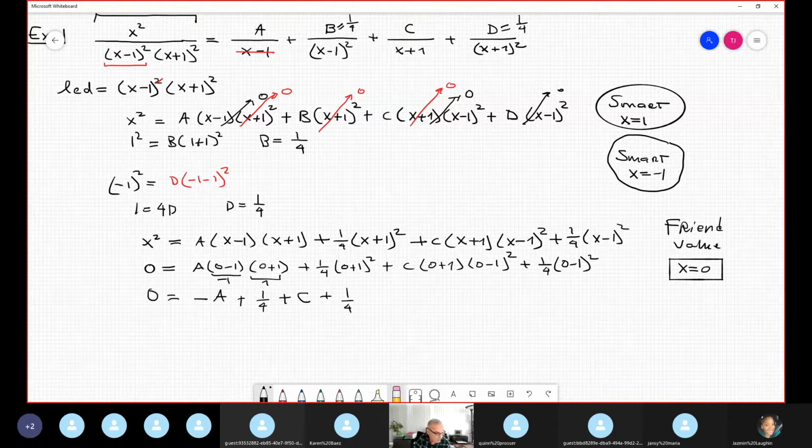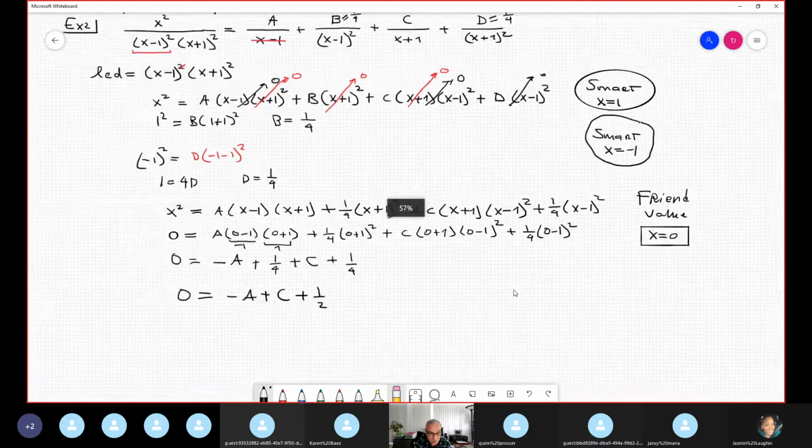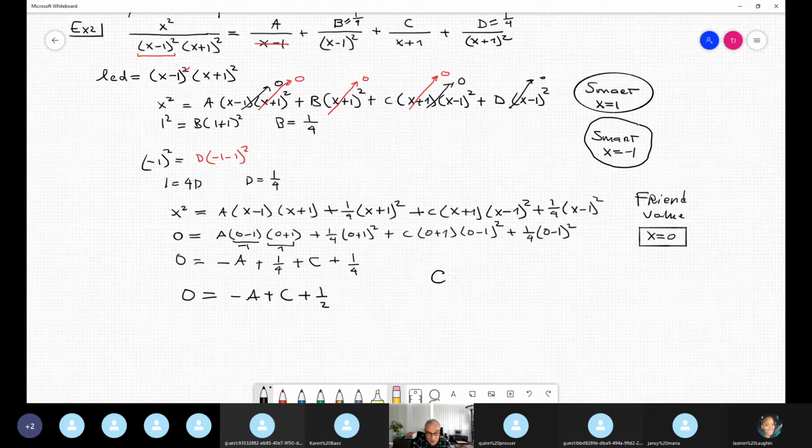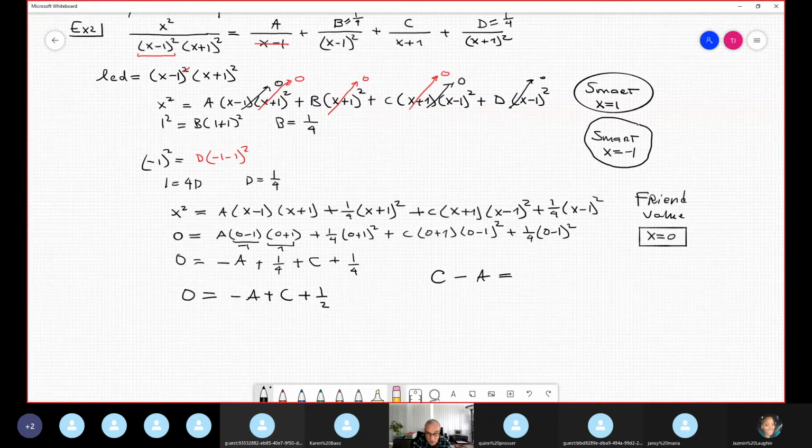And my equation is, let me see, 1 over 4 plus 1 over 4 is 1/2. So we have 0 is equal to minus A plus C plus 1/2. Let me write, because at this moment I have two unknowns. I suppose the continuation of this problem is a system of equations. You copy: C minus A is equal to minus 1/2.